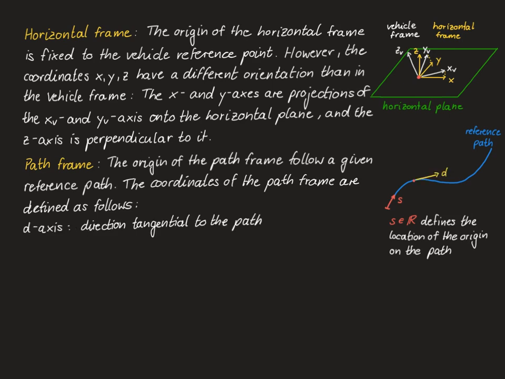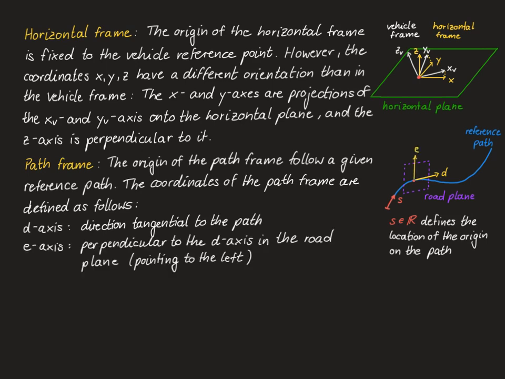The first axis of the coordinate system, which we call D, points in the direction tangential to the path. For this we assume that the reference path is differentiable and D points along the path's direction. For the second direction, we first of all construct what's called the road plane. The road plane is the plane that's tangential to the Earth's surface at the origin point. This construction is based on the assumption that we drive on a flat differentiable surface, which could be a road, for instance.